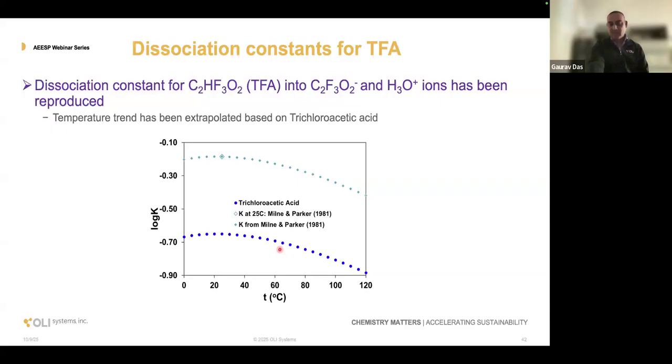So we have actually captured the trend of the dissociation constant from trichloroacetic acid and used it to extrapolate for trifluoroacetic acid.